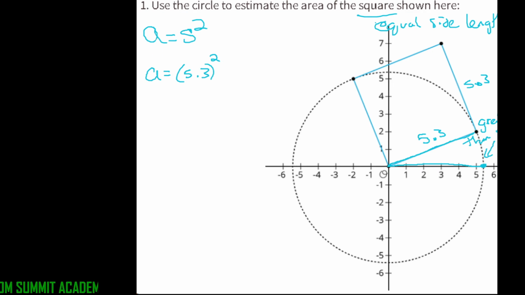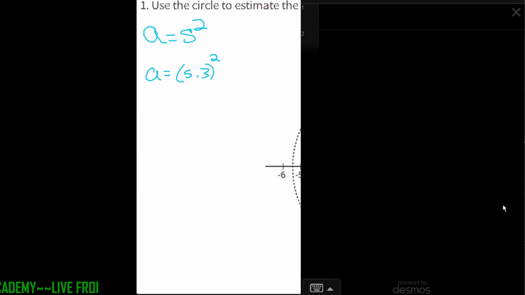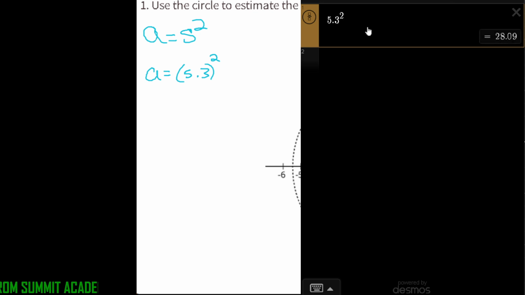And what I can do is use that wonderful Desmos calculator. Let me pull it up for you guys. If I take 5.3, hit Shift 6, notice how the cursor goes up, and I hit exponent 2, it's going to be about 28.09.